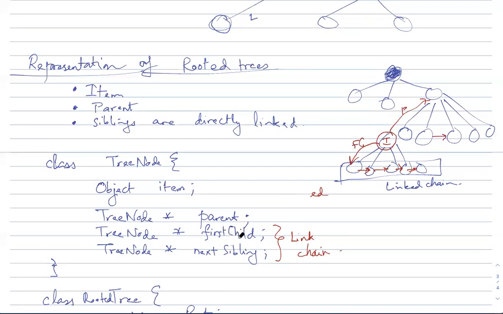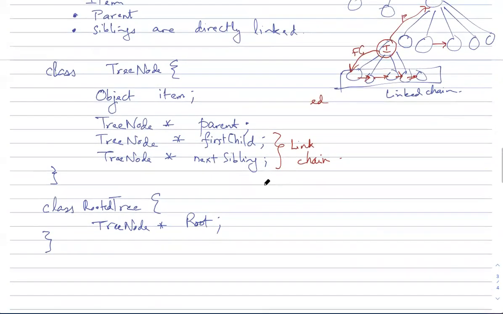And therefore every node has a first child and then the next sibling link. And in this way, one can move from the first child to the next like that until hitting null, in which case it has reached the end of the list of children.